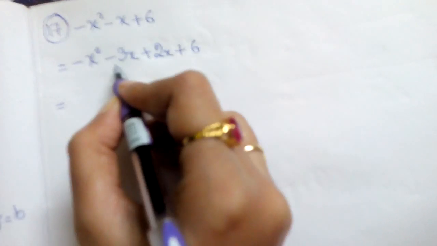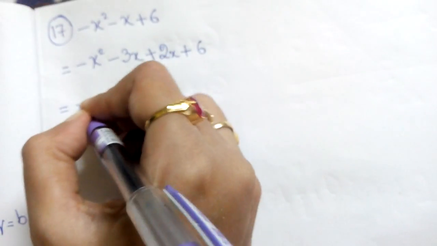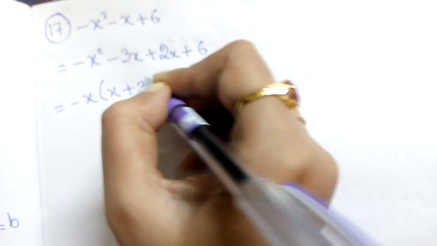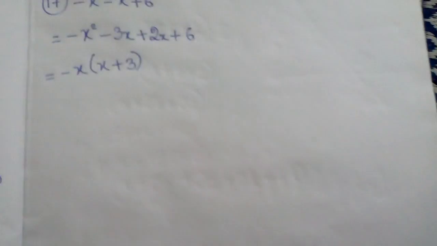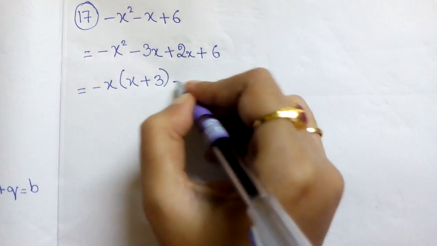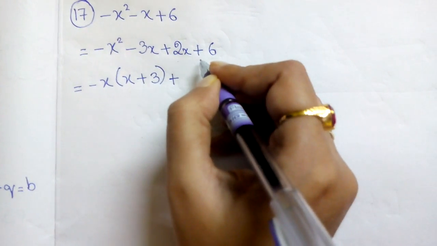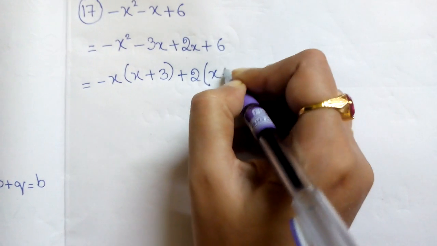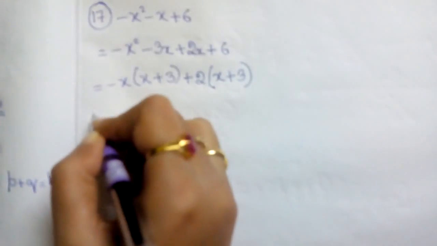From these two I can take minus x common, and I will get x plus 3. Plus from these two I can take 2 common, I will get x plus 3.